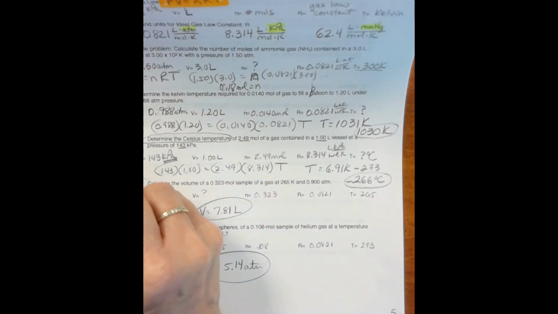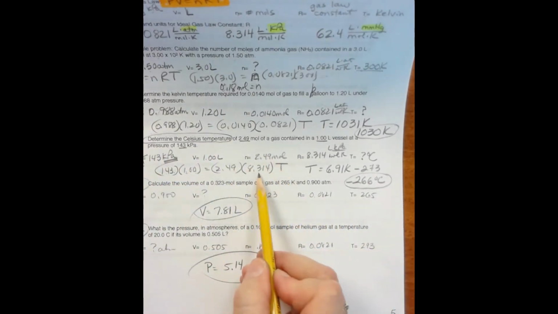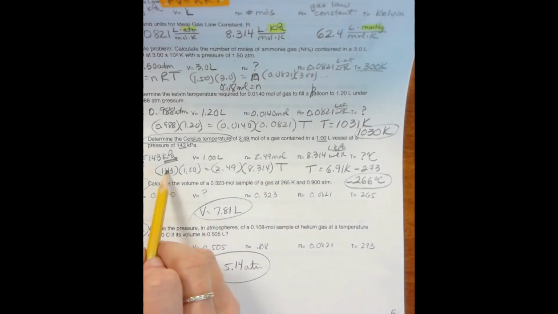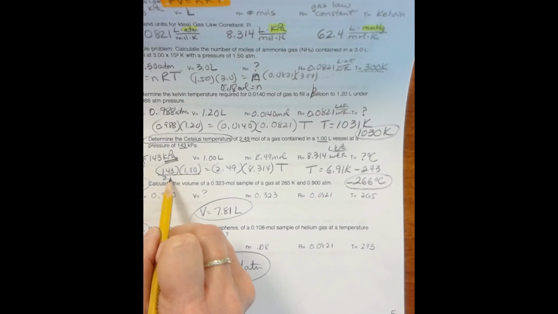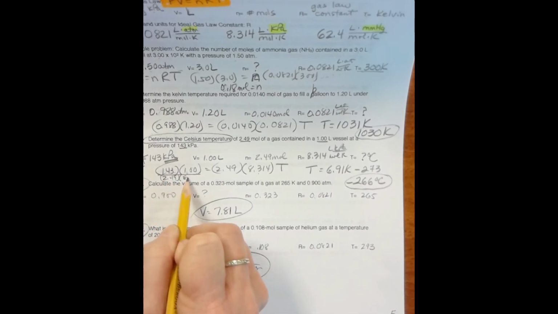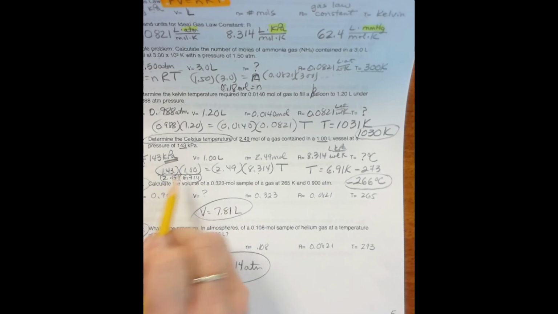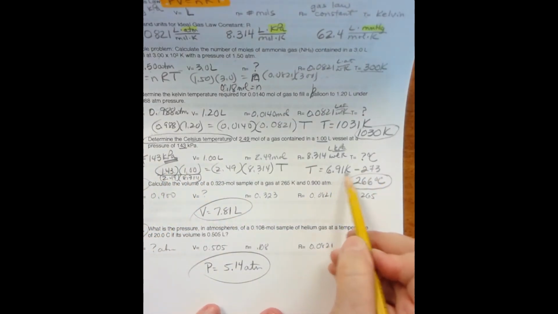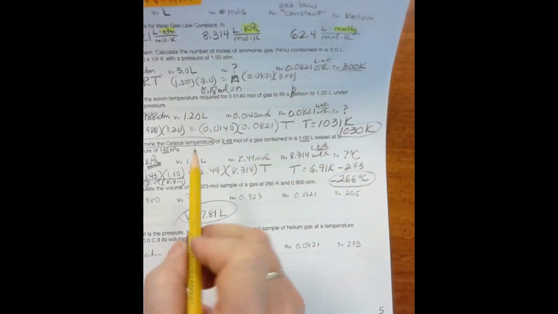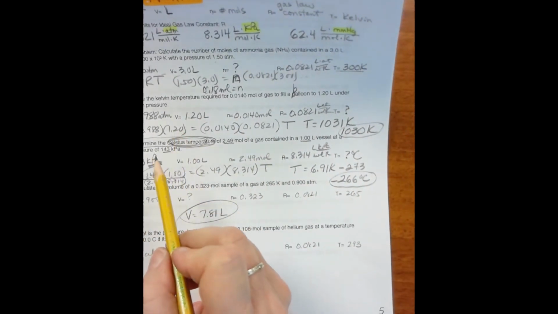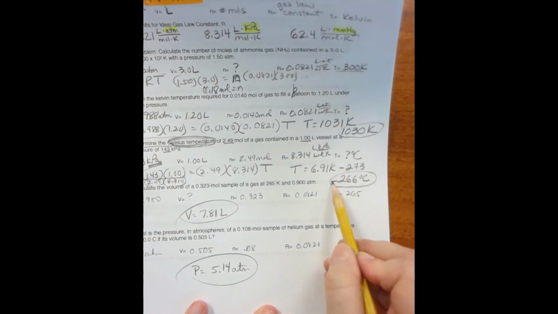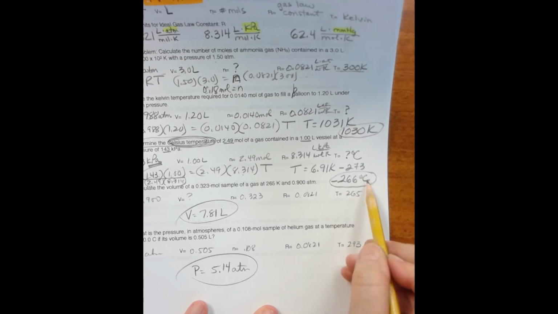Again, our law is PV equals nRT, right? So we're just plugging in. There's the R, and then we're solving for T. So to get T by itself, we would divide 143 times 1 by 2.49 and 8.314, which equals 6.91 Kelvin. But it said Celsius temperature. So now we're going to subtract 273 and get negative 266 degrees Celsius.